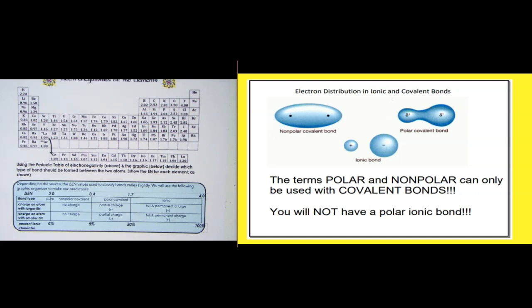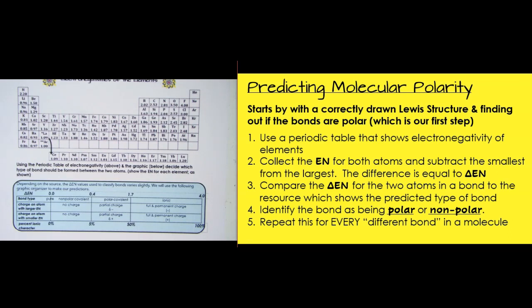Then compare that to the ionic bond, where the metals have lost an electron, the nonmetals have gained electrons, and then they are attracted to each other through electrostatic attraction. You will not, as it says at the bottom, have a polar ionic bond. Ionic bonds are ionic.